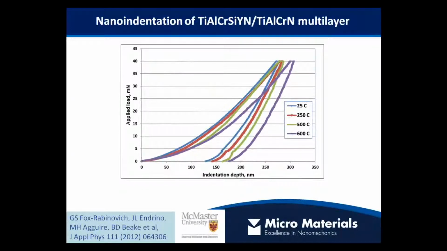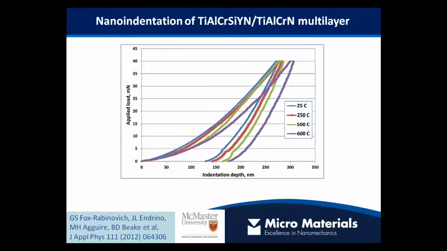Mike mentioned in his presentation that the choice of indenters is important, and that sapphire is a seemingly very nice indenter material to use for elevated temperature measurements, particularly from its chemical inertness perspective. But unfortunately, as he also said, its hardness drops fairly significantly with temperature.